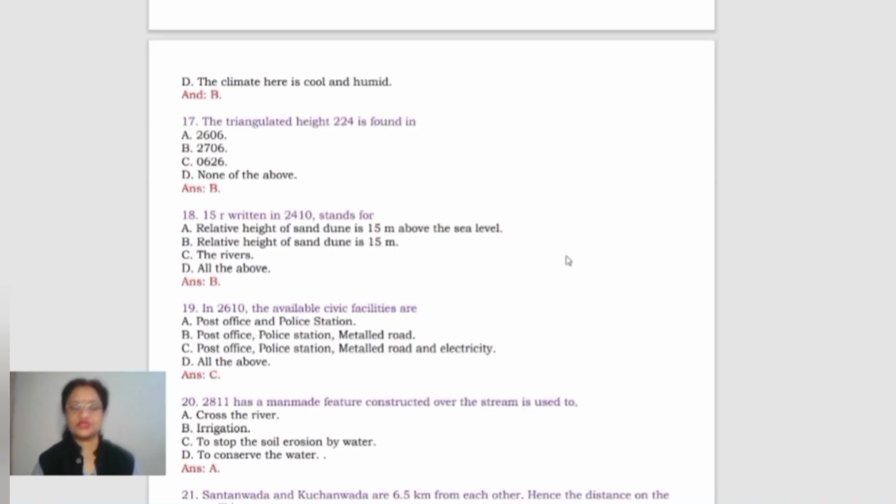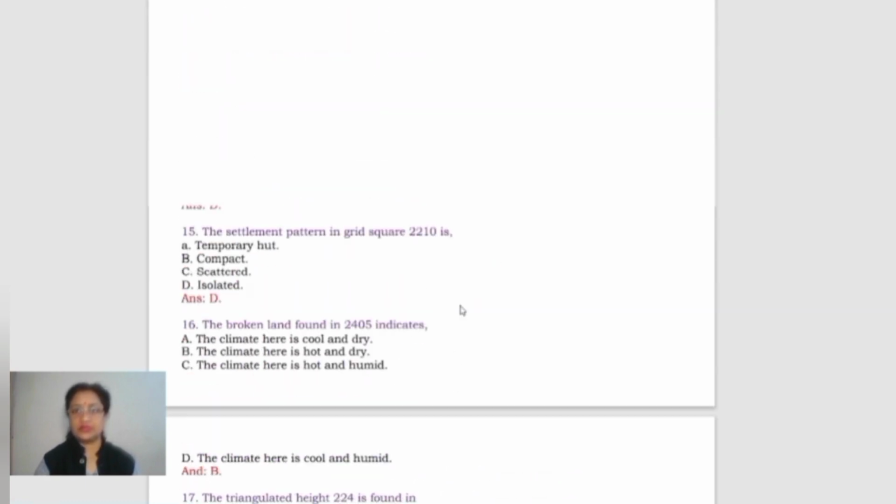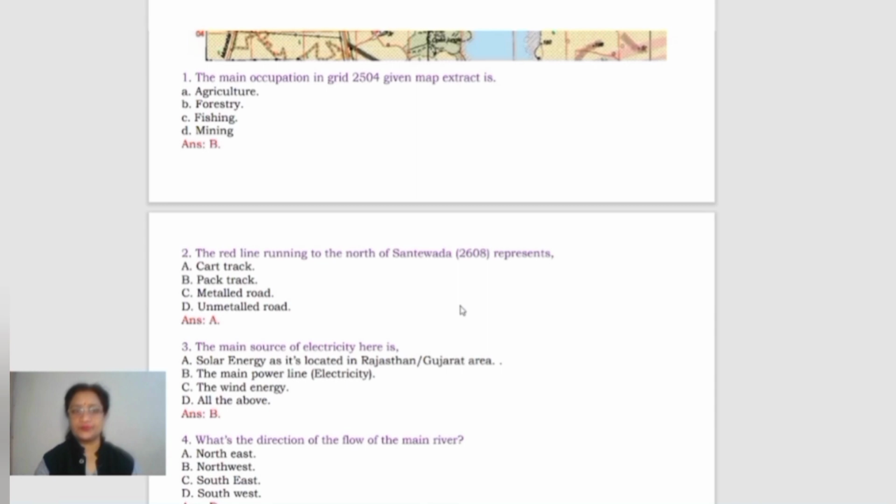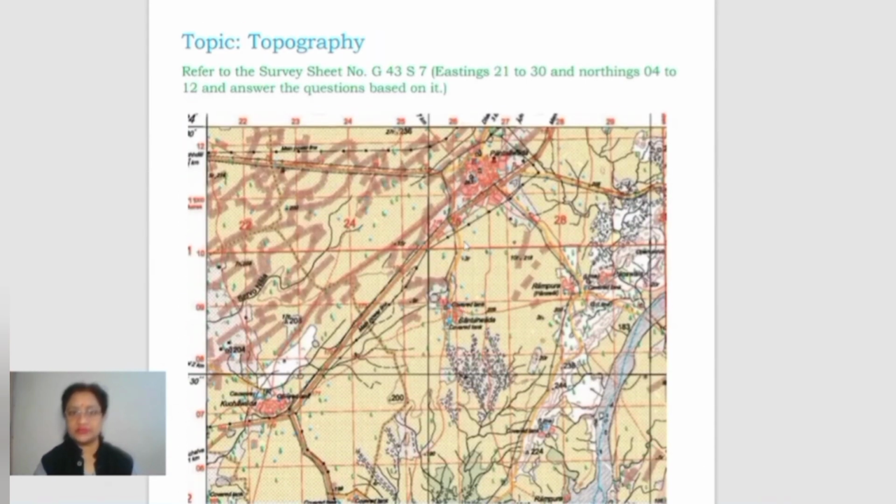Okay. So the next question: in 2610, the available civic facilities are. What are the facilities available here? You can see now 2610. Where is 2610? This is Easting 26, right? And this is 10. Actually, children, it's in 2611.